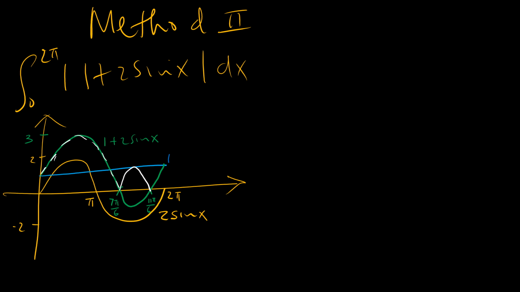And then as it continues to cross back to the positive domain, it just continues as it is. So this is the area that we are required, and let me just indicate this as the absolute value of 1 plus 2 sine x.